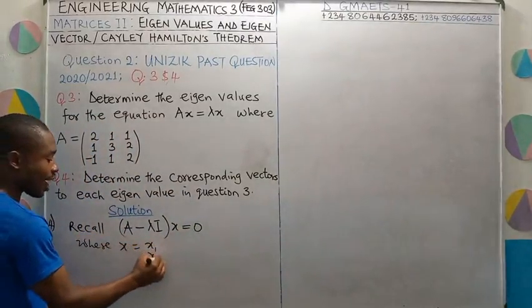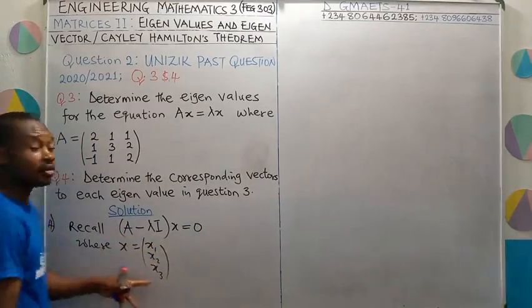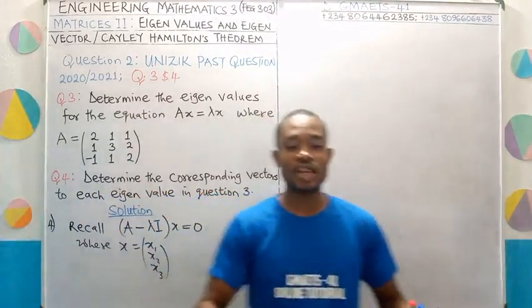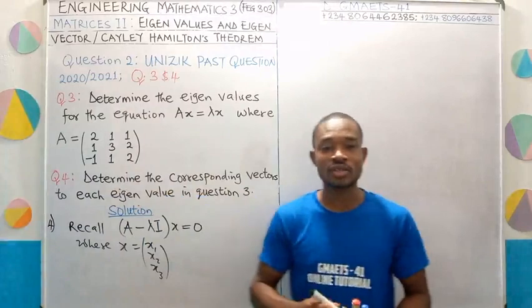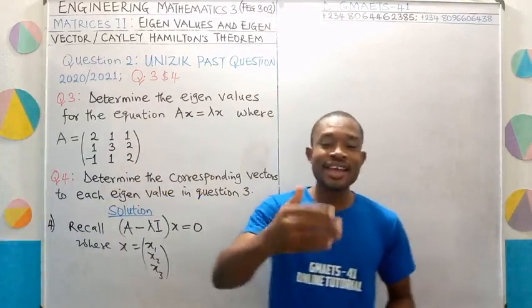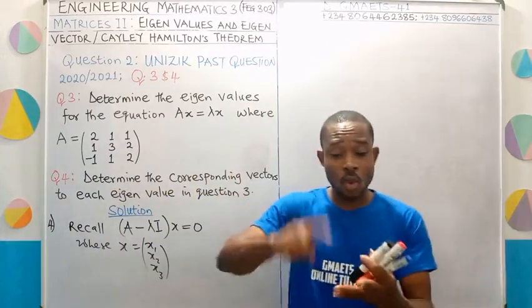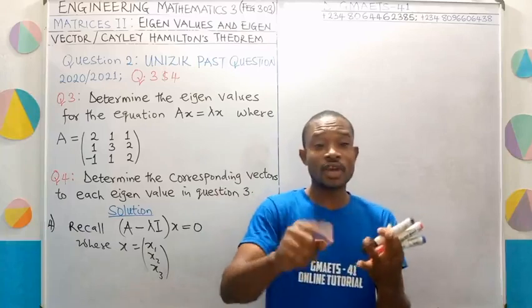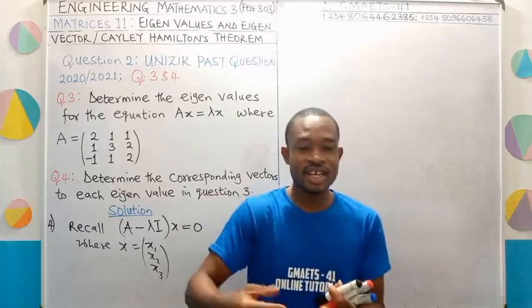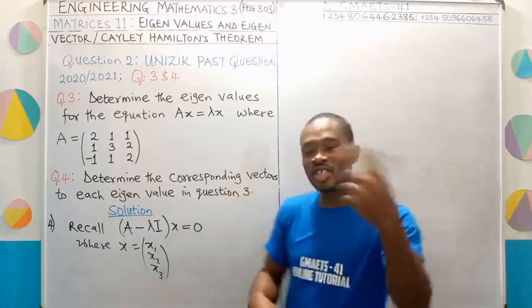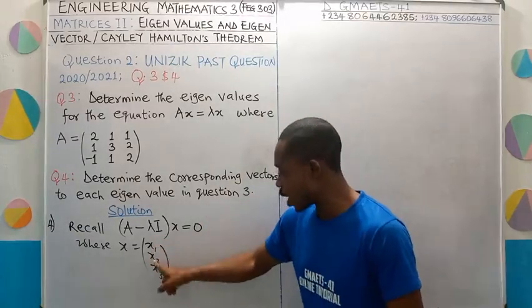X is equal to x1, x2, x3. For this particular question, remember that the eigenvalues we obtained, lambda 1, lambda 2, lambda 3, each of them will produce an eigenvector. Now the eigenvector will span over these values, x1, x2, x3.